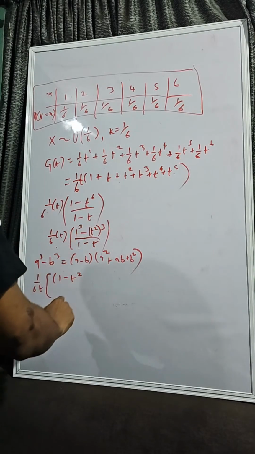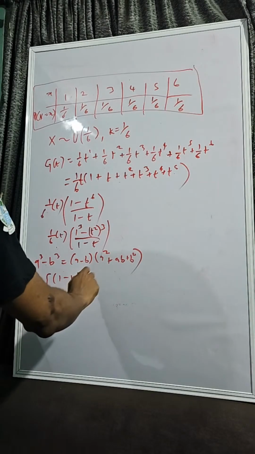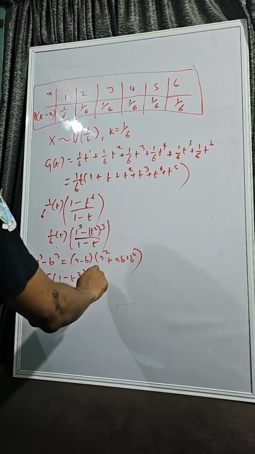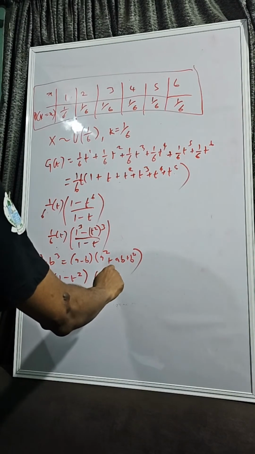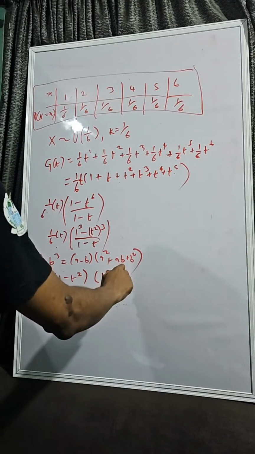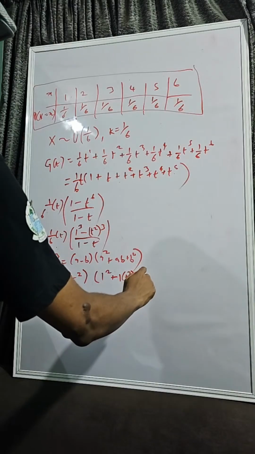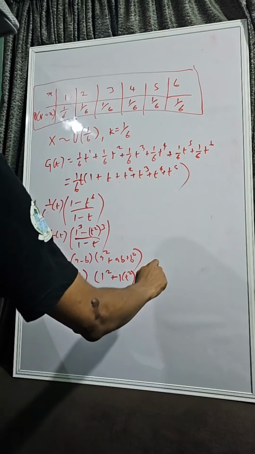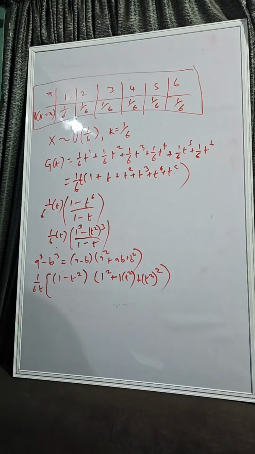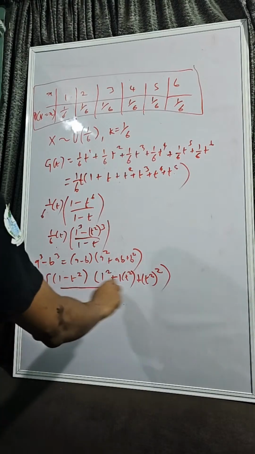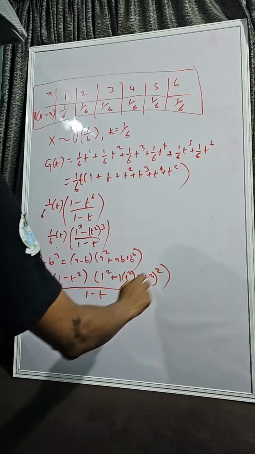So take note. Then we have what? 1 squared plus 1 times our b squared, which is what? T squared plus t squared squared. Okay, all divided by 1 minus t.